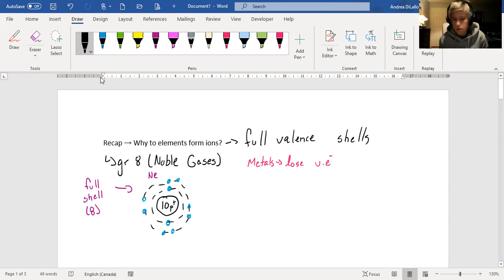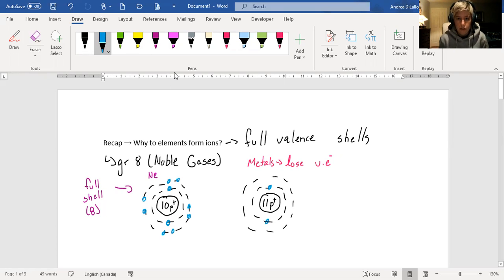So if we're looking at sodium, sodium has 11 protons. The first shell has 2 electrons. The second shell has 8 electrons.